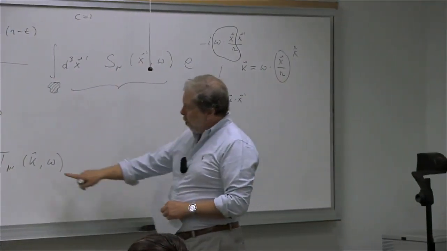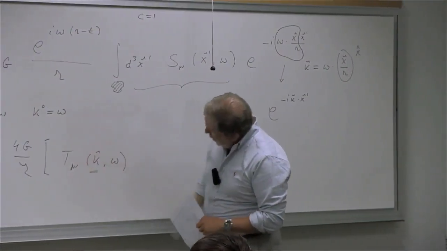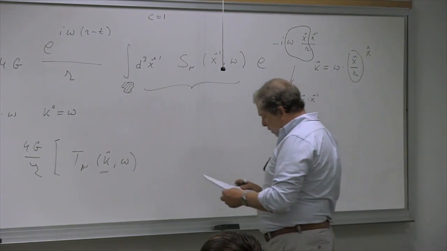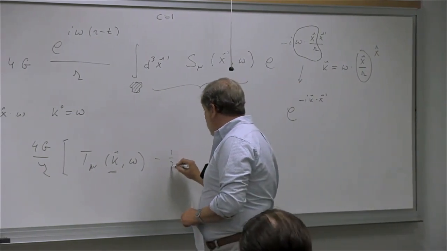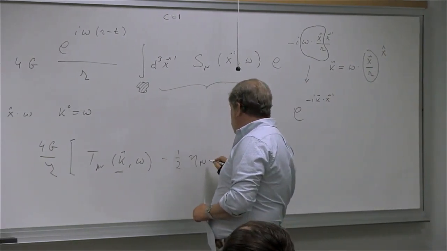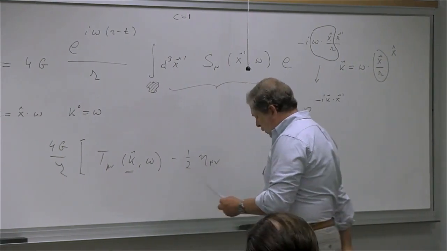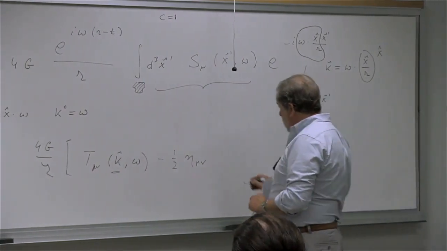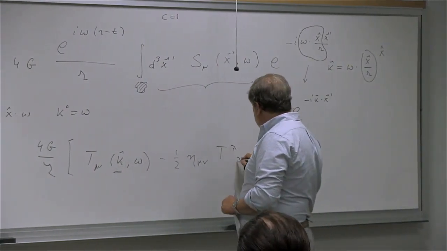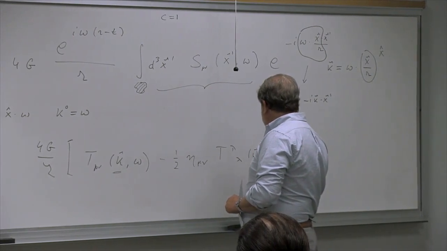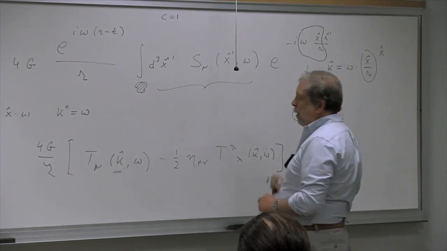So t mu nu of k, minus 1/2 eta mu nu times, again, the trace, so it's the t lambda lambda of k and omega, and then square parenthesis.